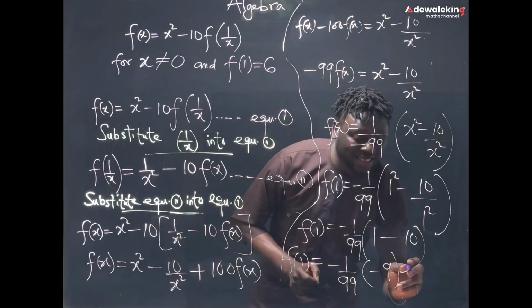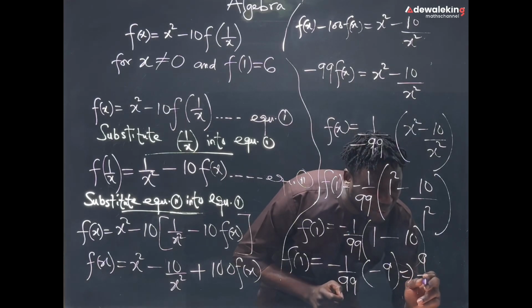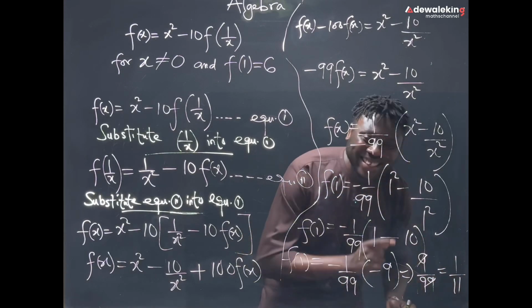Minus times minus is plus, and this gives us 9 over 99, and that is 1 over 11.